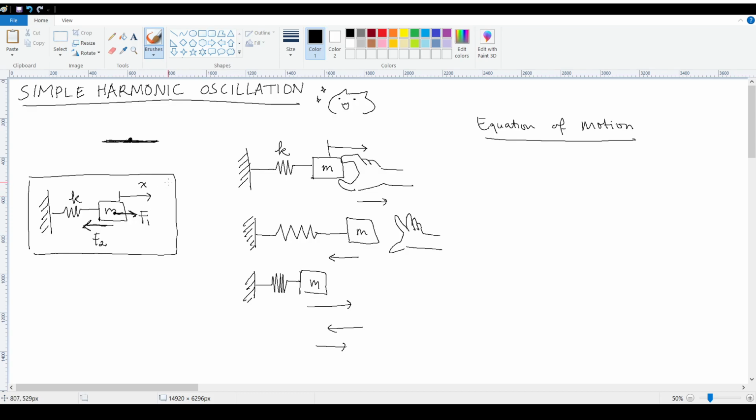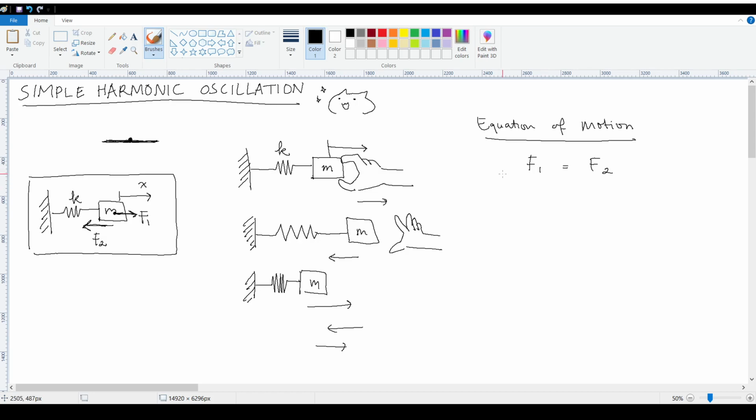The system is in equilibrium state, so these two forces in opposite directions can be equated as F1 is equal to F2.